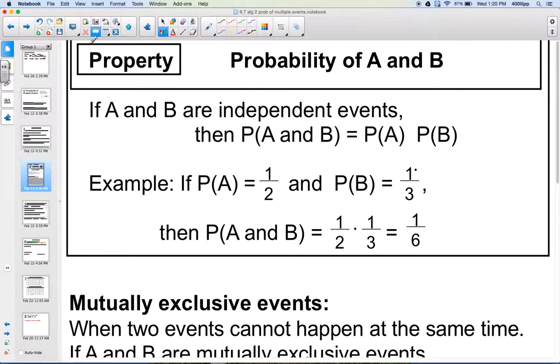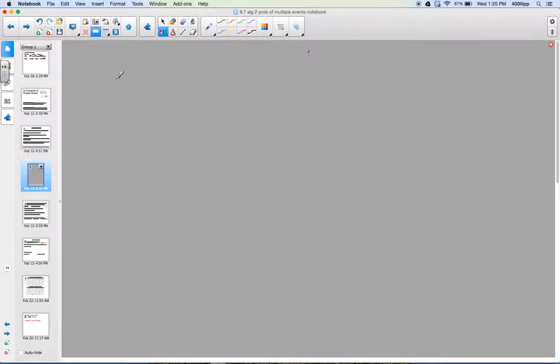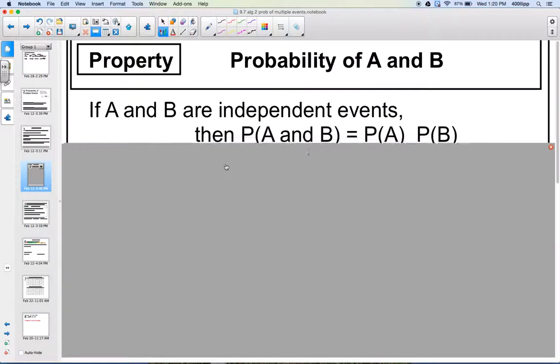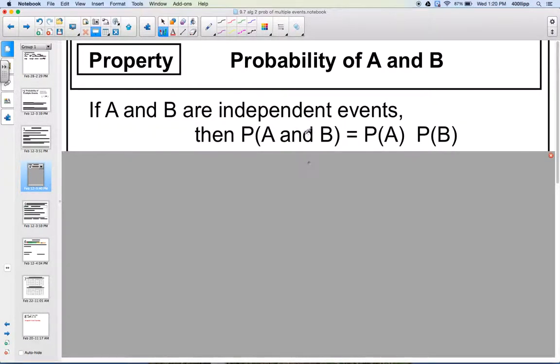Okay, so moving on here, if we are looking at independent events and we want to find the probability of A and B, then that means we're going to find the probability of A times the probability of B. So we keep in mind independent events, they do not affect each other.